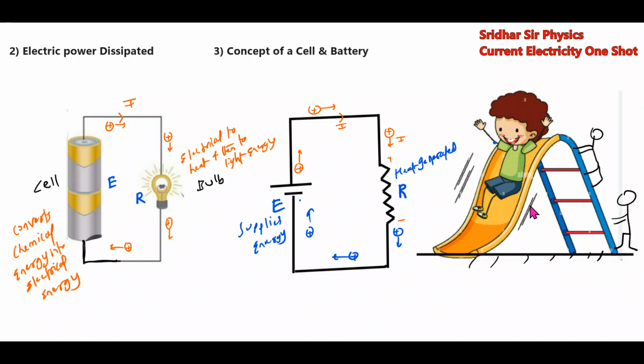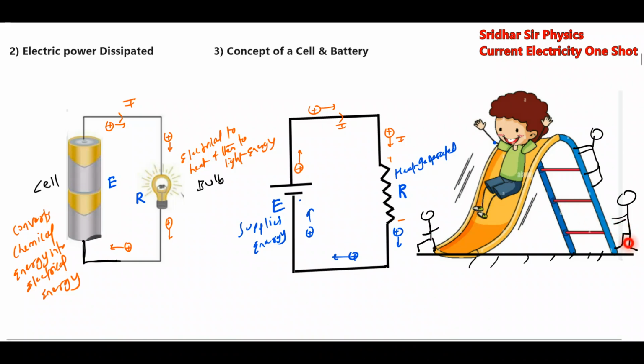What energy of the kid will increase? Its gravitational potential energy will increase. Then when the same kid starts sliding here, the gravitational potential energy will be converted into kinetic energy. Then there will be friction. Due to friction, heat will be generated, and finally it will come to rest here. So look at how that energy conversion is taking place.